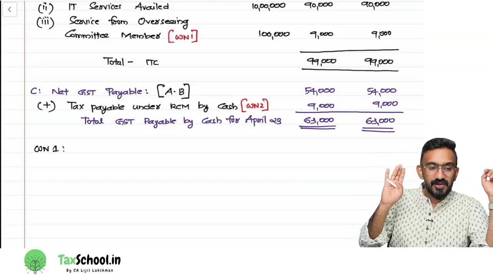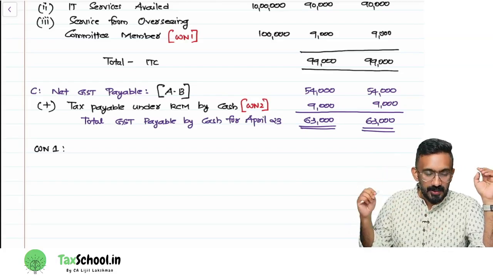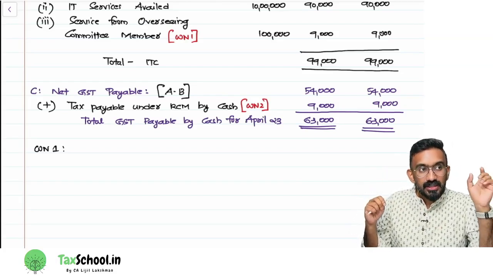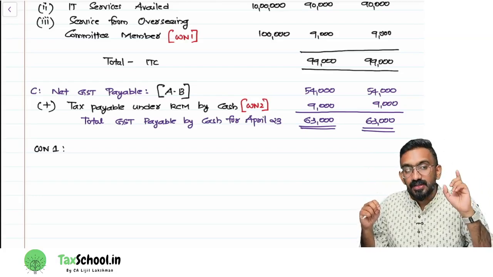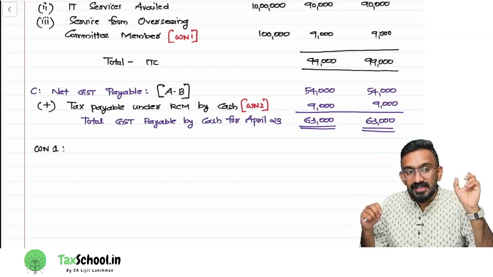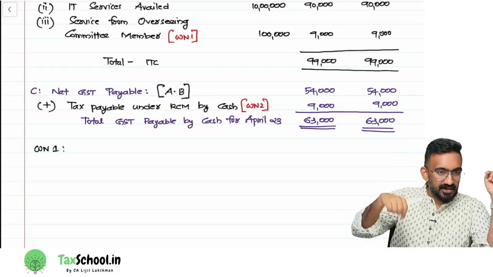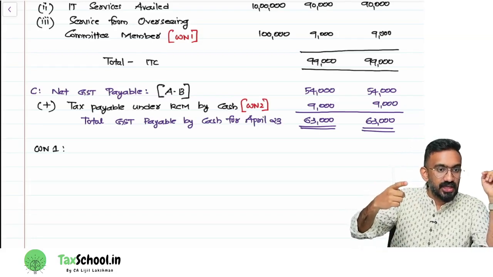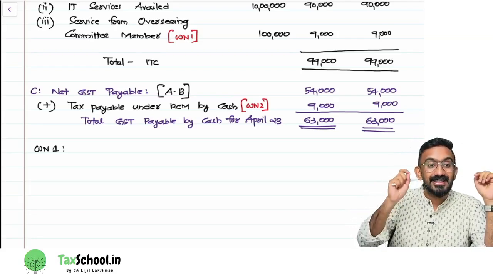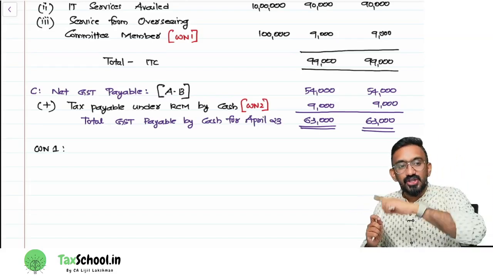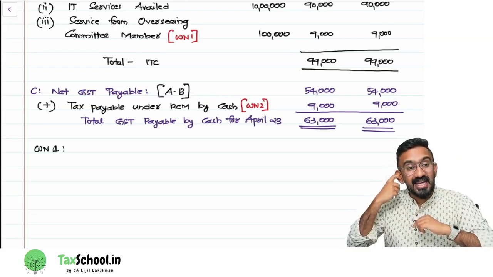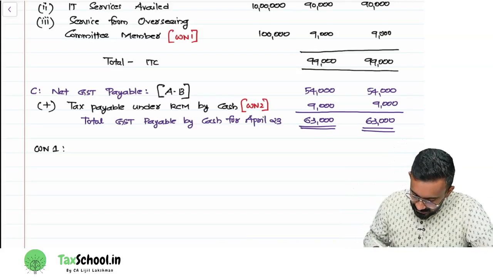So if you're somebody who is looking into this in full, I would decide the RCM notification based on whether it's intra-state supply or interstate supply. This is intra-state supply. Which notification number should I take? I should take notification 13/2017. Which section should I refer together with it? It is section 9 subsection 3. So I should write like this.